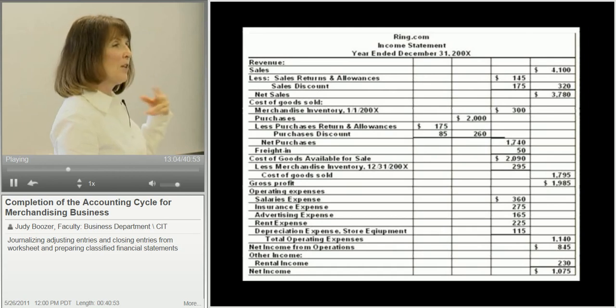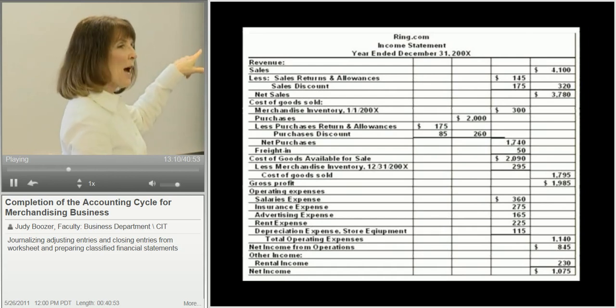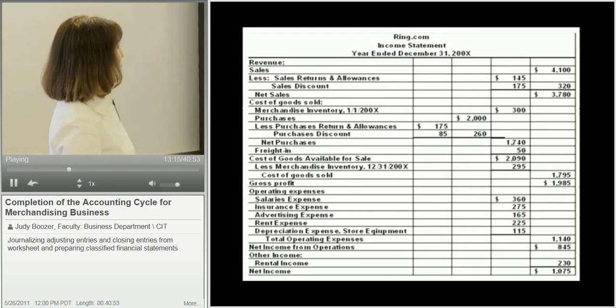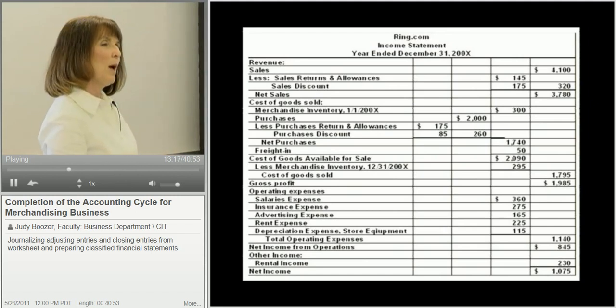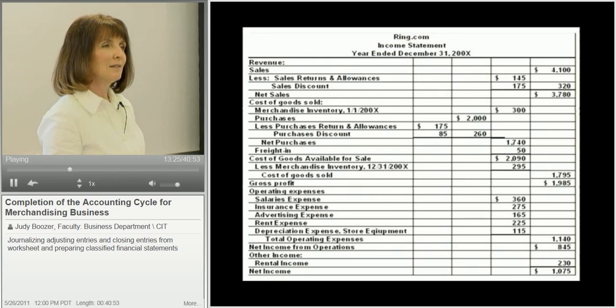And those together add up to how much? How much do you see there? 260. So if you subtract the result of both of those together from the gross purchases of 2,000, what do you end up with? Do you see? Can you figure it? 1740, which is called net purchases. Purchases minus return and allowance minus discount equals net purchases.